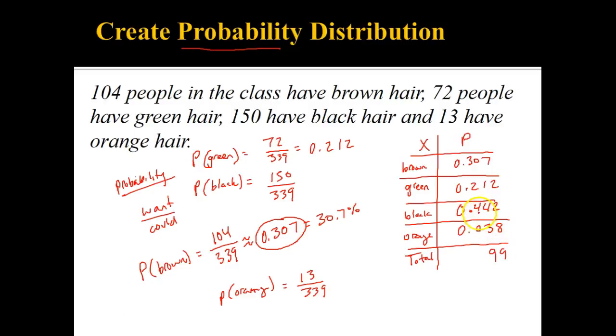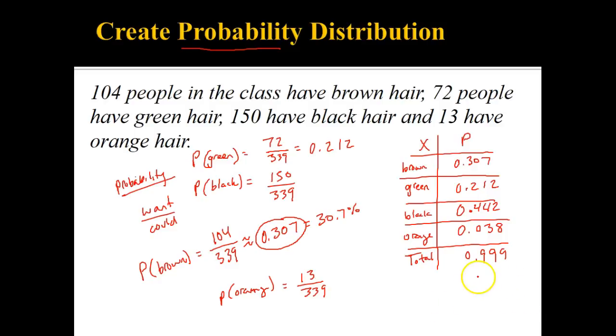And then 4 plus 2 plus 3 is also 9. Bring down the decimal point. So notice that my probability distribution does not add up to 1 or 100% as I was hoping, but it adds up to really close to 1. It's 0.999. So if we rounded that, it would be 1.